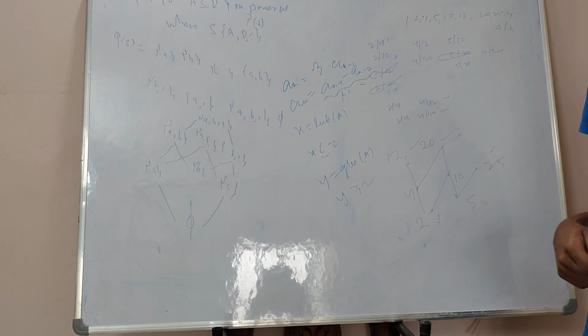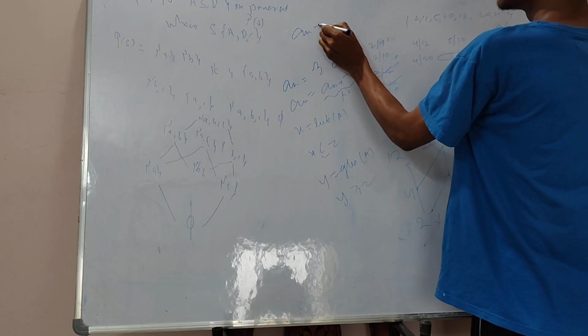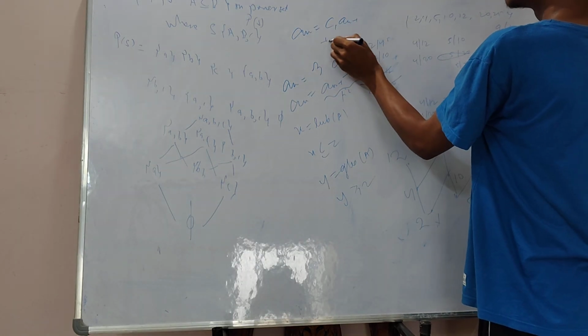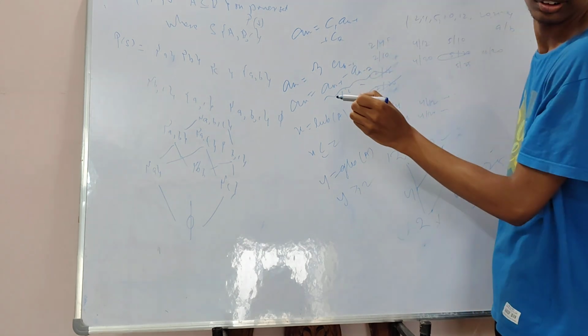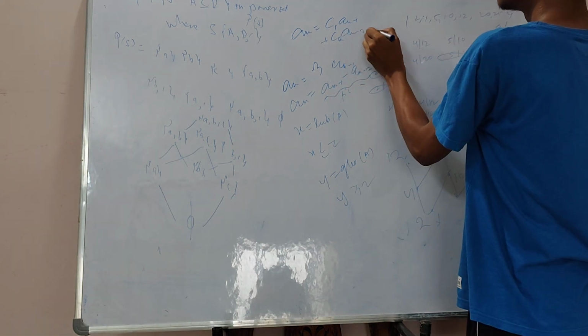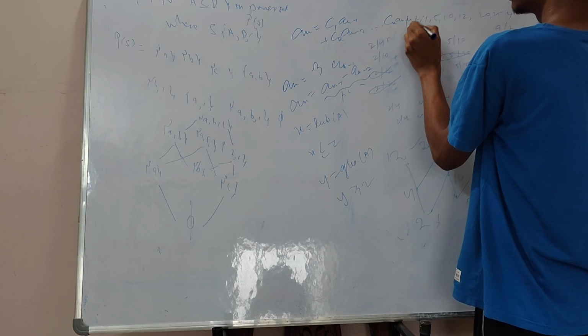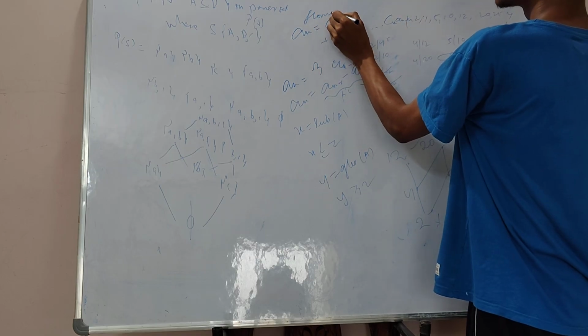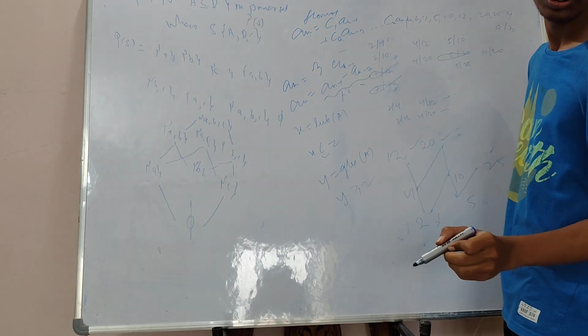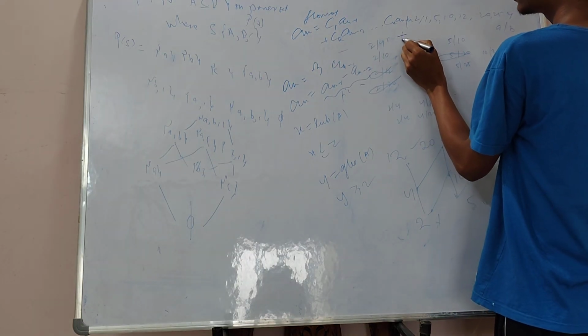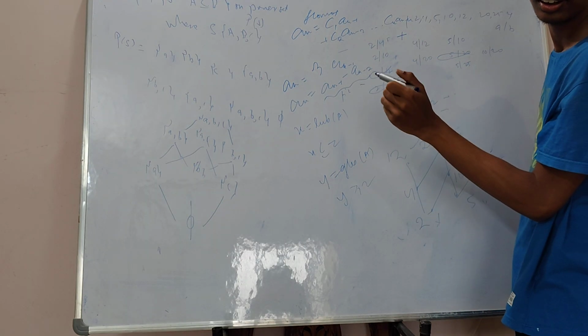So if I talk about homogeneous, then it will be given as a_n is equal to c1 a_(n-1) plus c2 a_(n-2) up to ck a_(n-k), right? This is homogeneous. And for non-homogeneous, it can be given as the same thing, only difference is there will be a function added here, right?